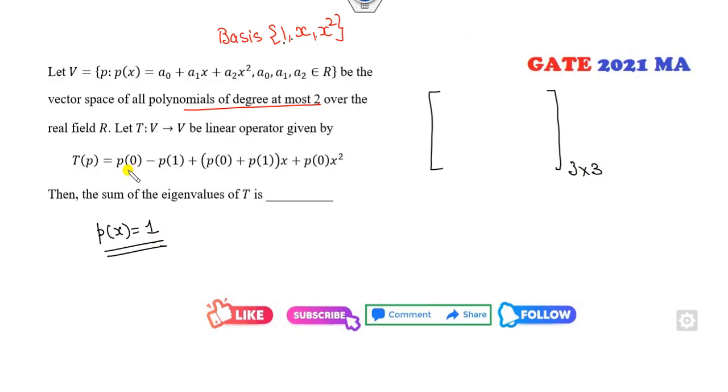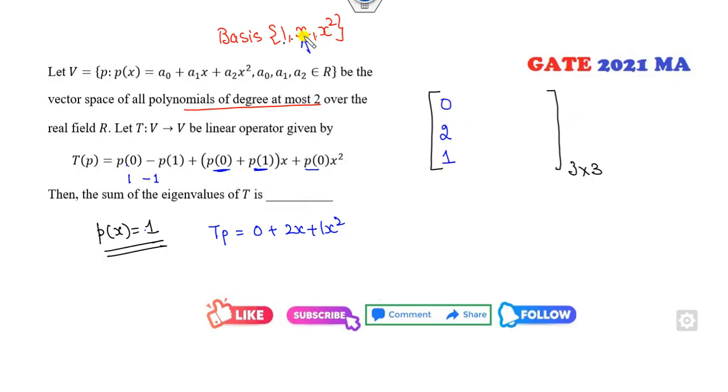If I take p of 1 is 1, so this value will be 1 minus 1, 0. The x is 0. 1 plus 1, 2. 1 here. Fine. Because when you take f of x is 1, what is my T of p? It is 0 plus 2x plus 1x square. This value is always read column wise.